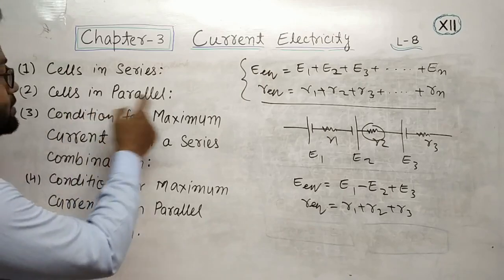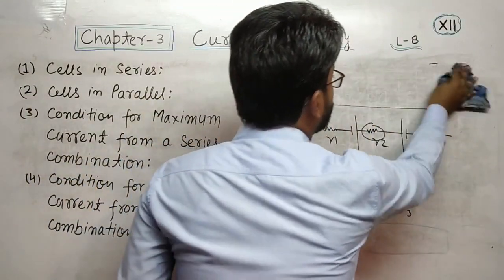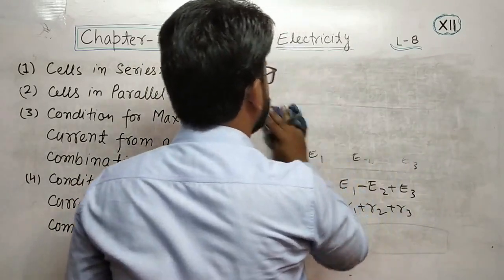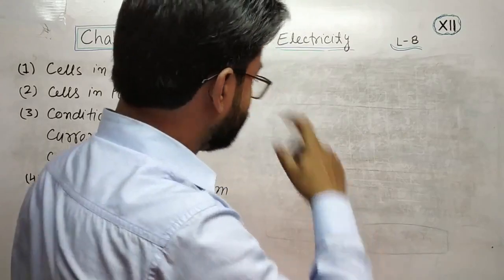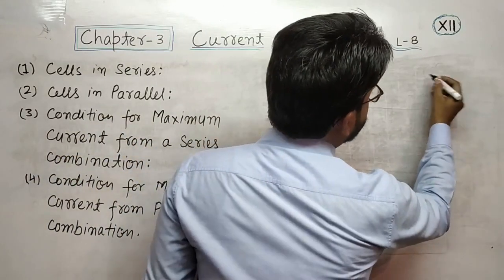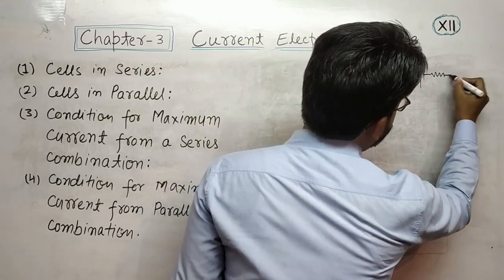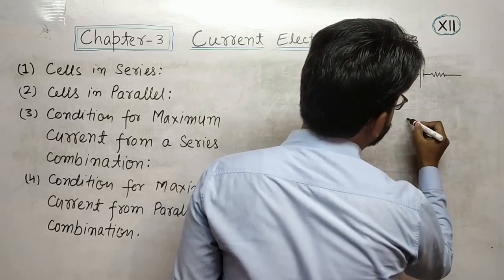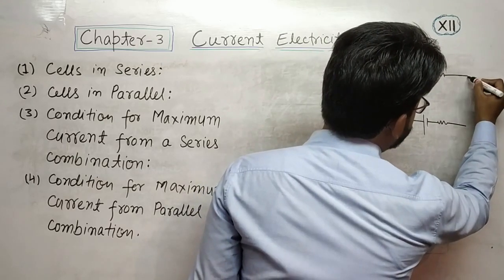Next point is cells in parallel. When two cells are in parallel, let us discuss. This is cell number 1 and this is cell number 2.